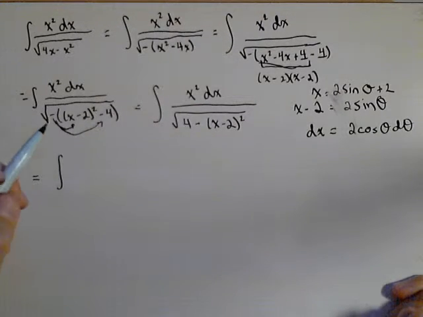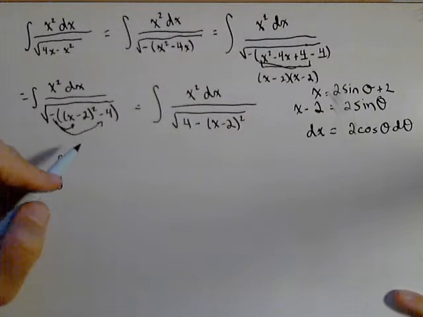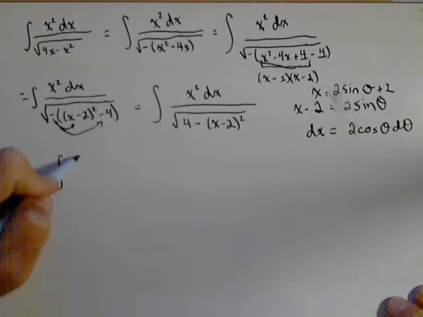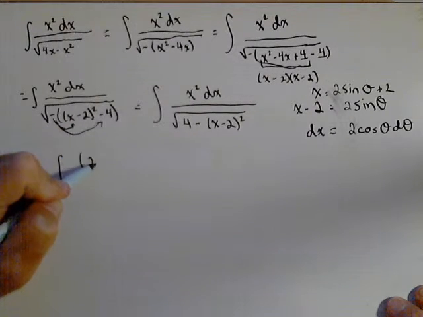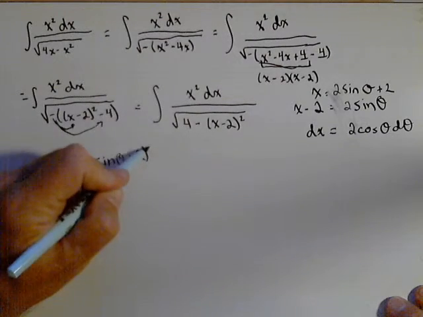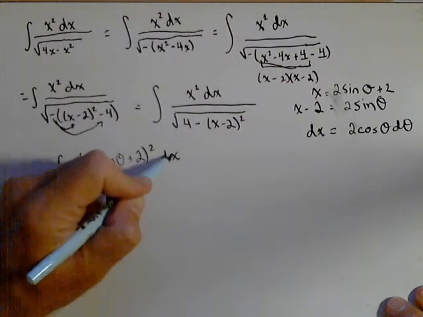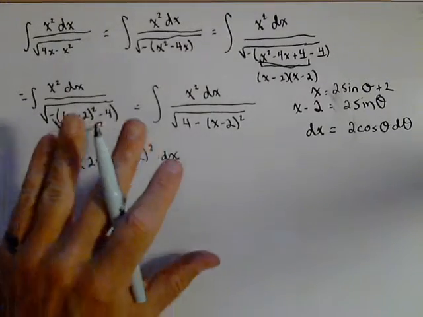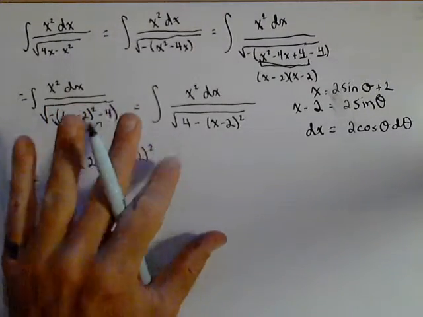Okay, so let's plug some stuff in. First off, for x, we have 2 sine theta plus 2, the quantity squared dx on top. But we're subbing out our dx, so let's go ahead and get rid of that.